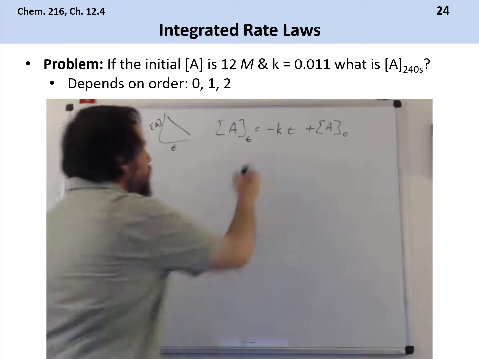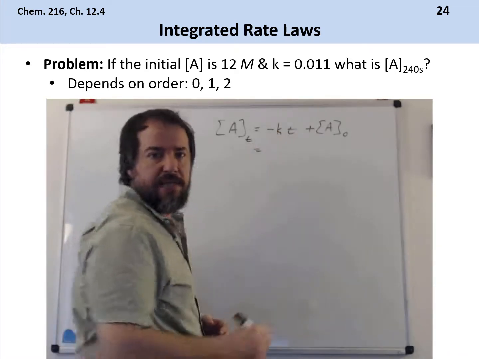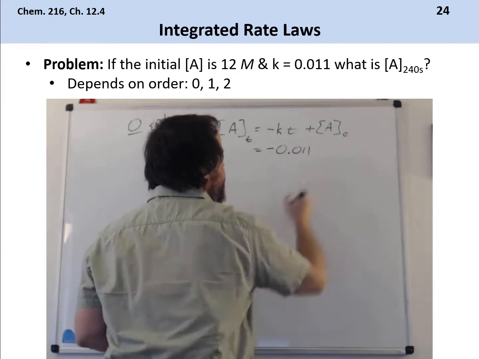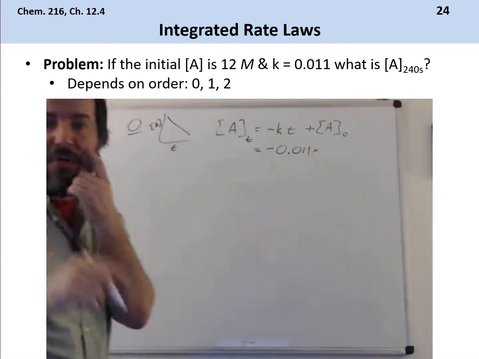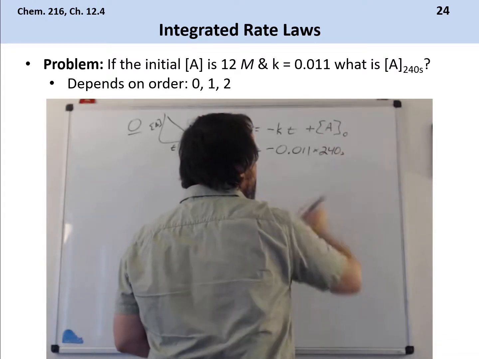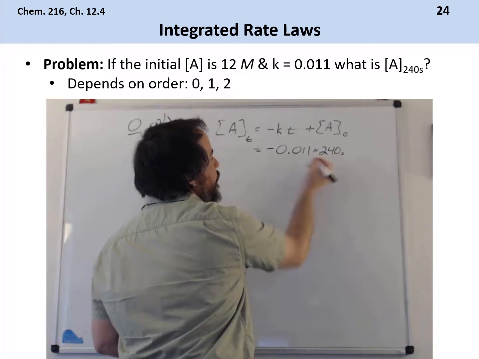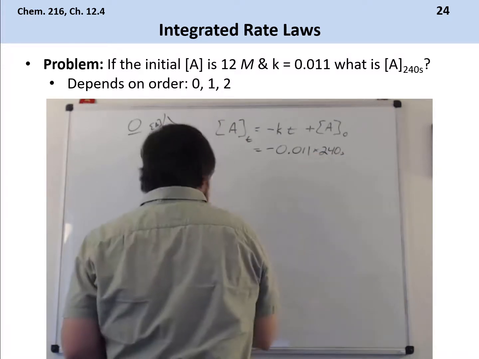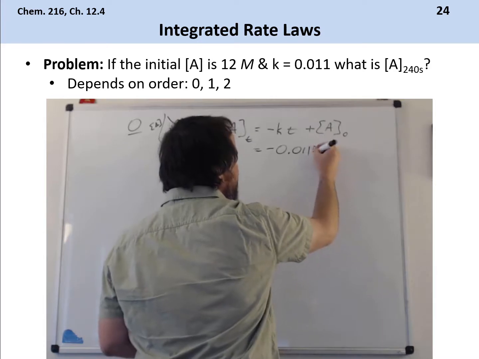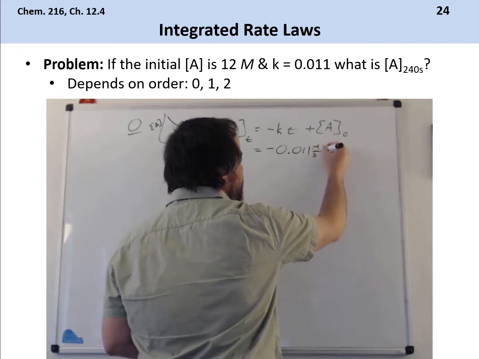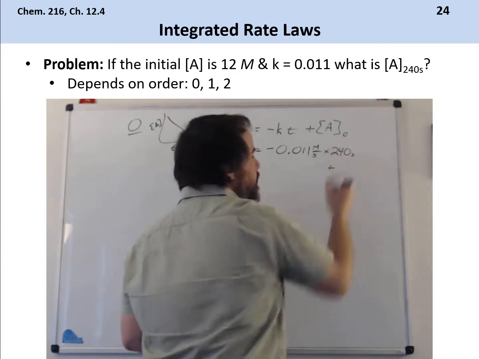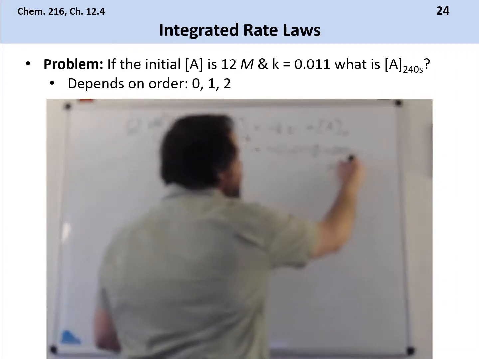Okay, so we're told that K here is 0.011. We want to do it at 240 seconds. Notice we're not necessarily given the units for this, but in order for it to work out, and we went through this, this has to be in molar per second, times 240 seconds, plus my initial concentration, which is 12 molar.